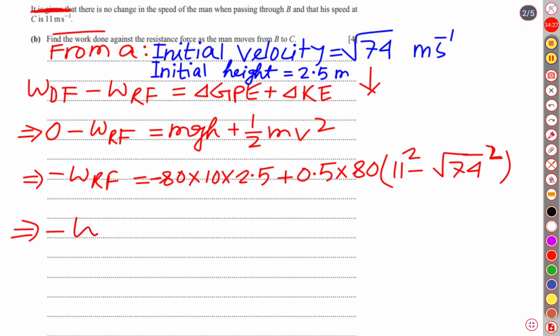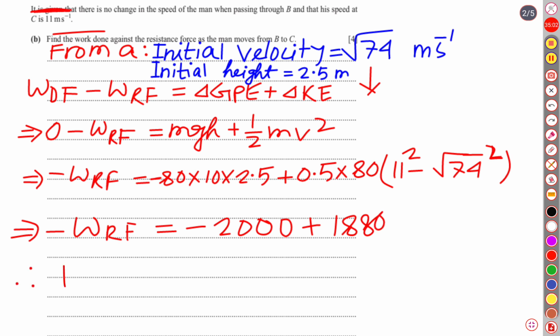Well then, work done by resistance to motion: if we multiply, it is going to be negative 800 times 2.5, that is negative 2000, and plus, it is going to be final velocity squared 121 minus 74. So 121 minus 74 gives 1880 joule.